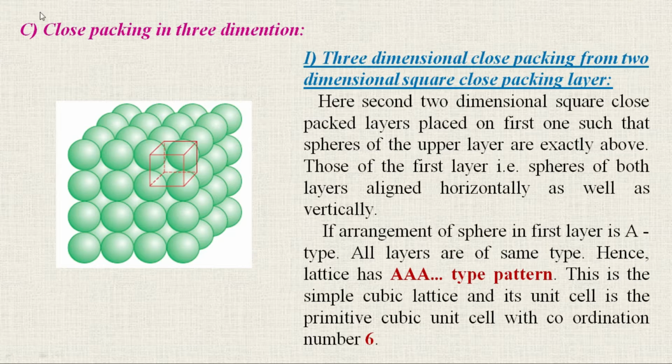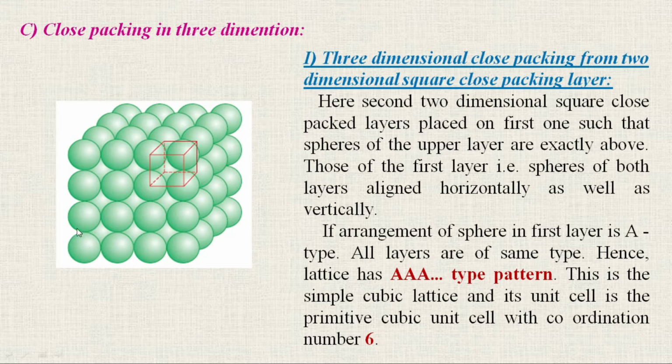So if I consider the three-dimensional close packing structure using the two-dimensional square close packing layer, and I place a second layer over the first layer such that a sphere of the second layer is exactly above the first sphere of the first row, and the same thing is continued, then as we can see here, every row is identical.